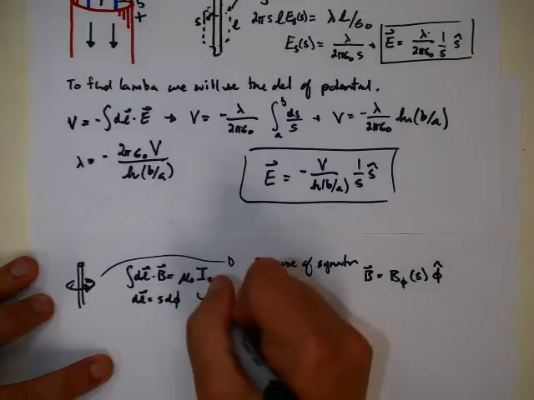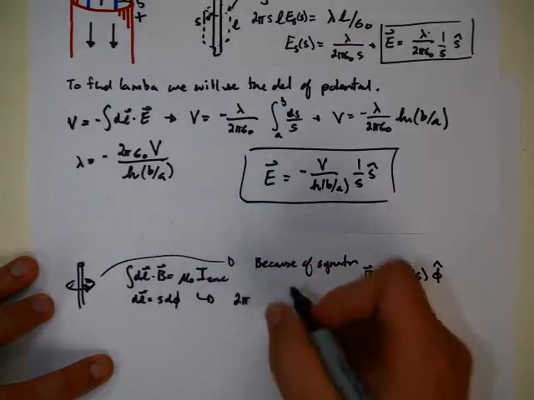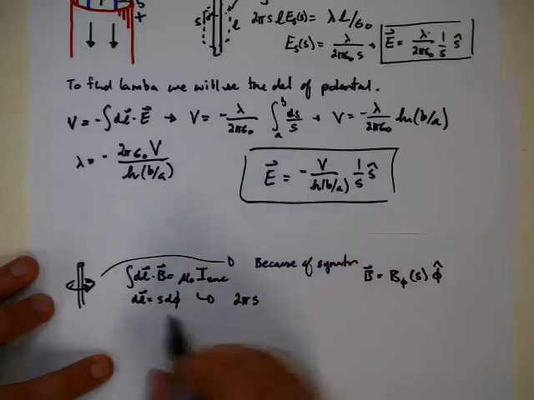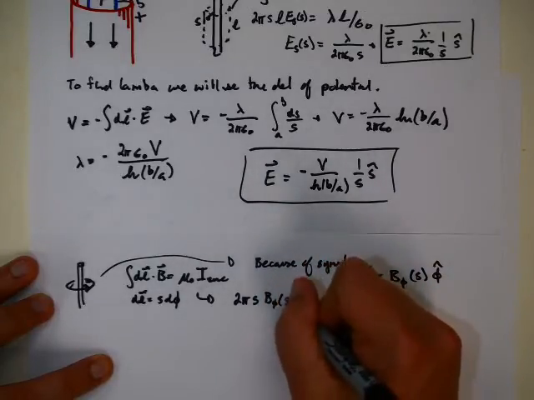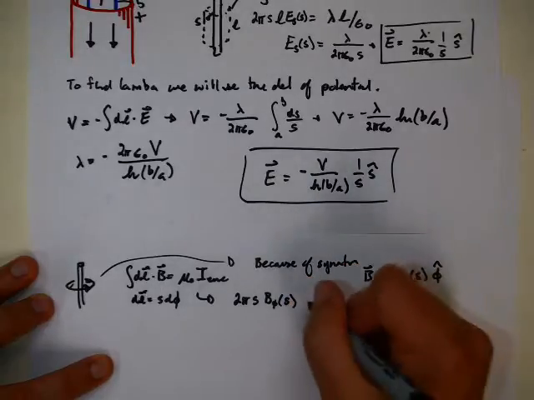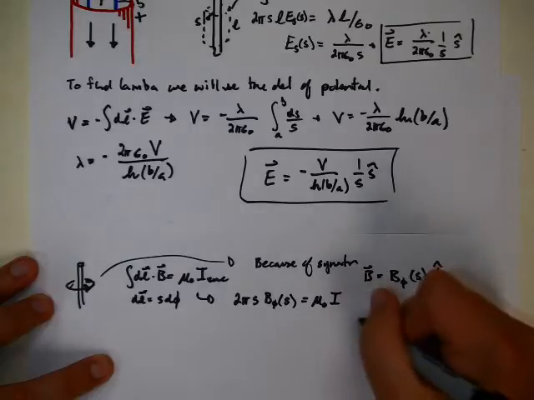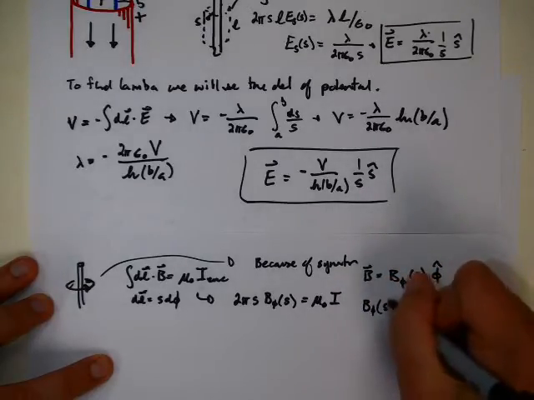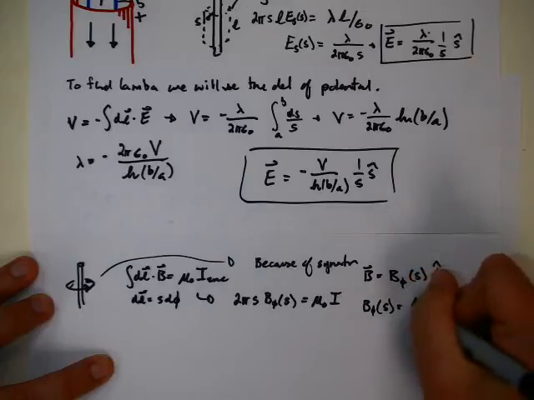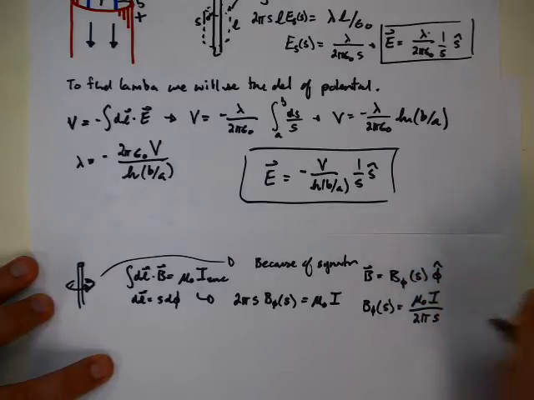We go ahead and do that, and we are going to get 2 pi, that's from the integral over phi, s, that's from that s, times the B field, B phi as a function of s, equal to mu naught I. And so solving for B, we get B phi as a function of s is equal to mu naught I over 2 pi s.